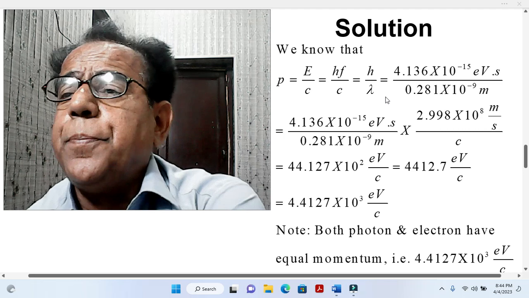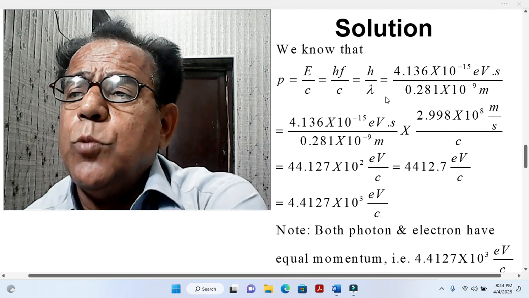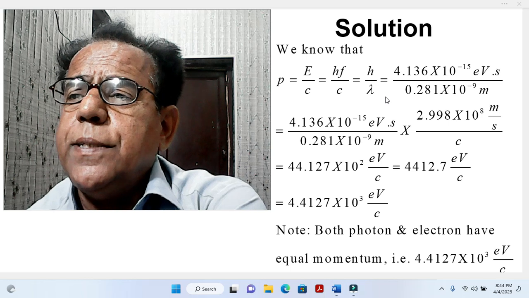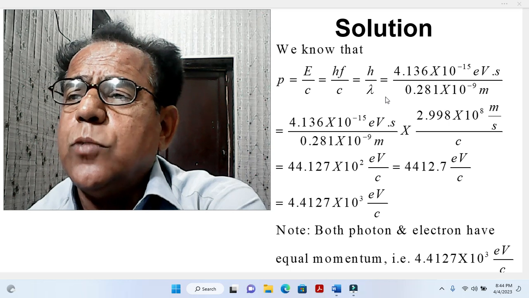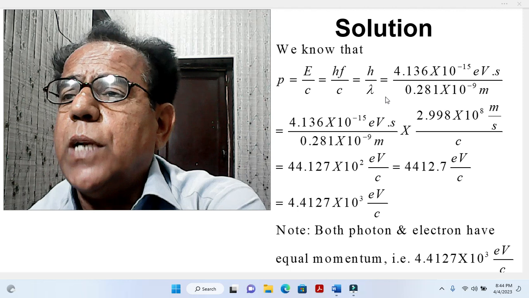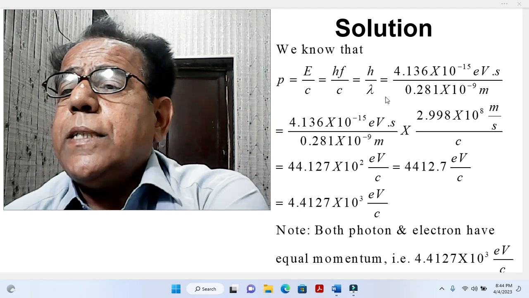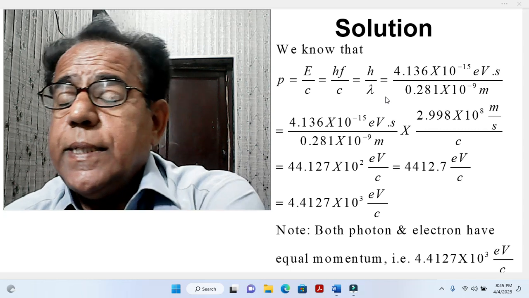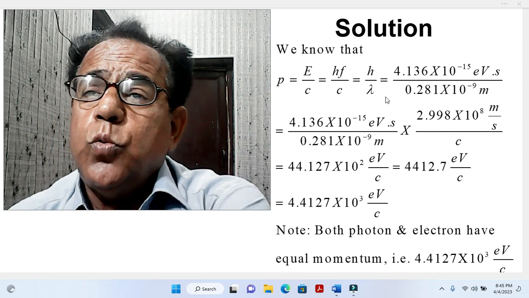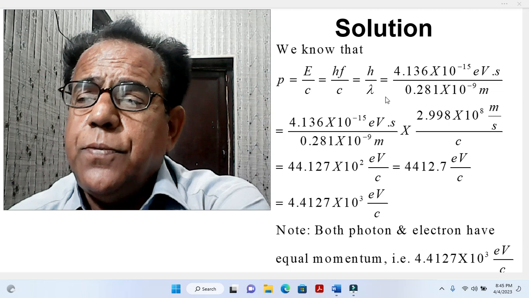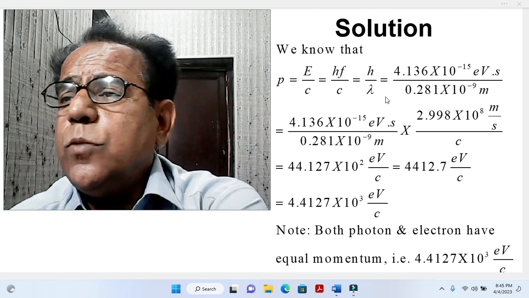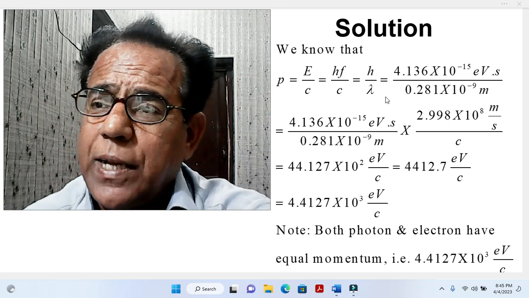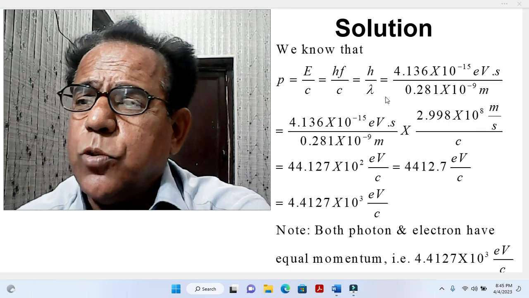We know that tool number one is where the momentum of a photon is defined. Momentum p is equal to E over c, is equal to hf over c, is equal to h over lambda. The value of h is given in the tool in different systems of units, and we have chosen the second alternate value of Planck's constant h.